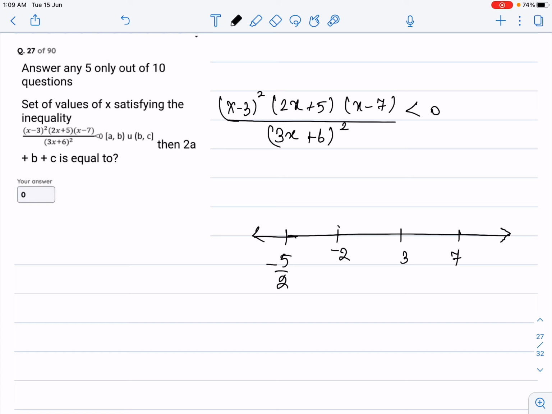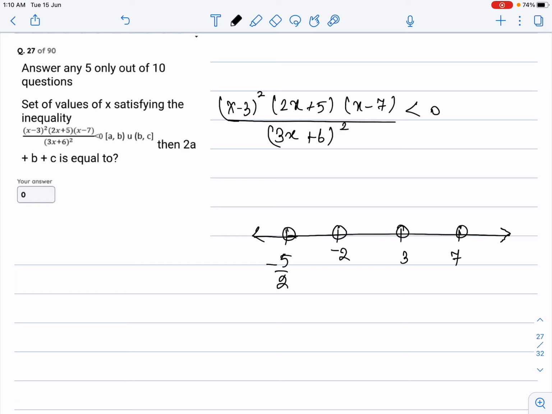So this will be open definitely, because 1 upon 0 is not a defined quantity, and for minus 2 the denominator will become 0. Even this will be open because I don't have the equal to symbol, because for x is equal to 3 the number on the LHS will become 0, and 0 is not less than 0. Okay, if it were less than or equal to 0, then I could have considered it as closed. Even this will be open due to a similar reason.